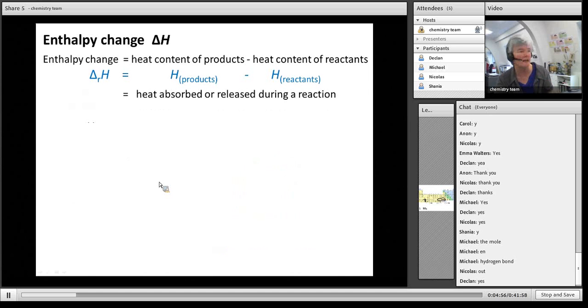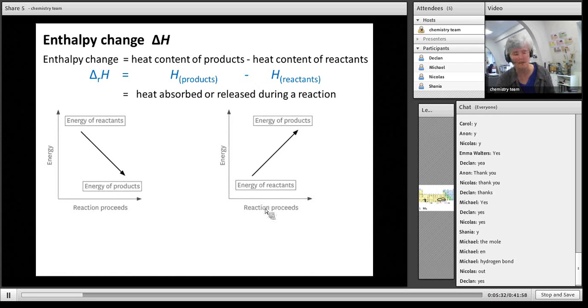So this is just quickly going over how to work out if it's an exothermic or endothermic reaction: we take the heat that's in the bonds in the products and subtract it from the reactants. And if the products have got more energy, it's a positive number, and that means that actually heat has been absorbed because we've got more energy now in the products. But if it's a negative number, we've got heat being released because the products are now lower in energy.